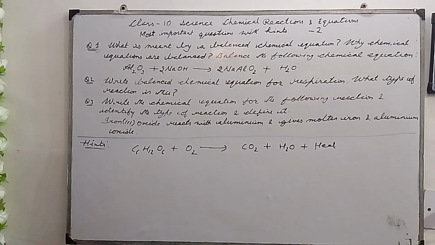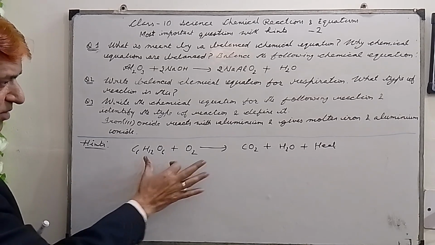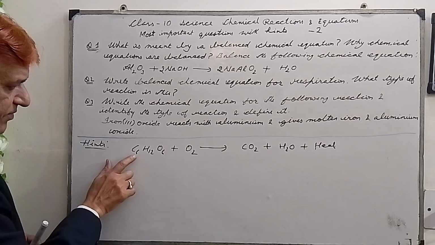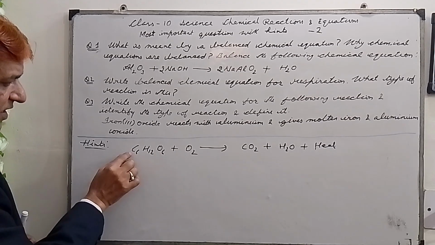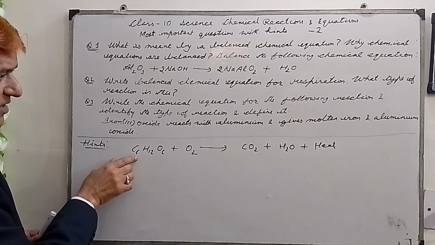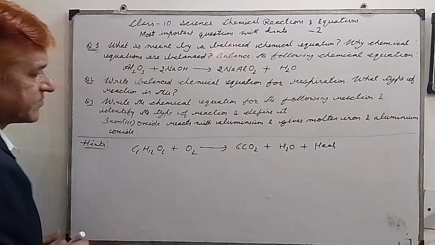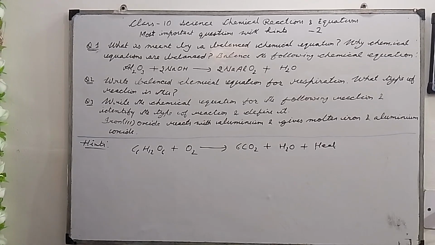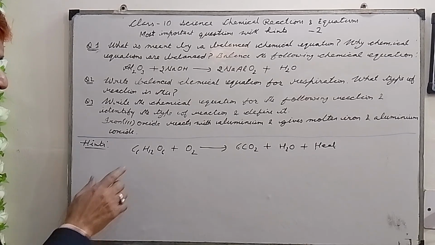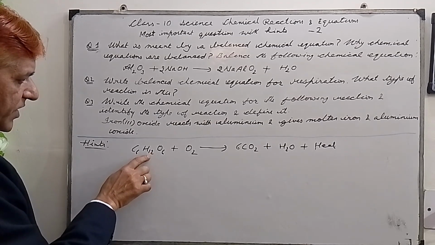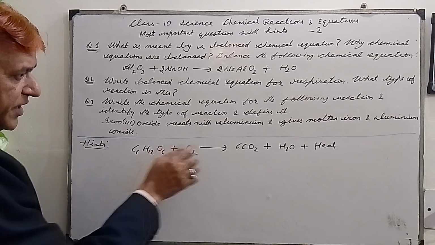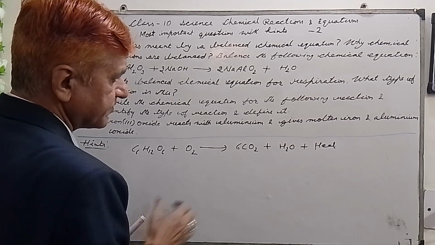Now here we have non-metals only. So we will first balance the carbon atoms: 6 atoms of carbon, and in products 1, so multiply this by 6. So carbon got balanced. Then take hydrogen: 12 atoms, and here we have 6 atoms.